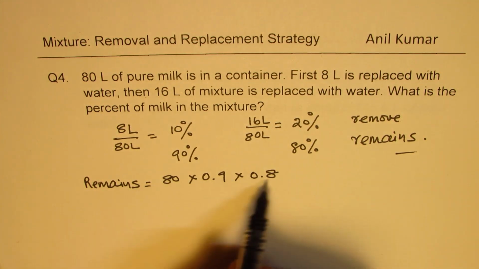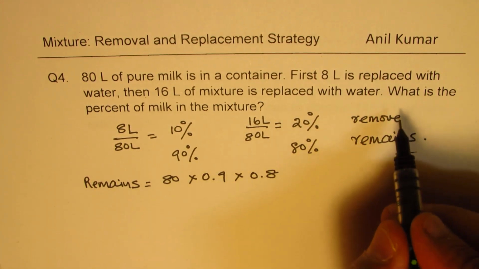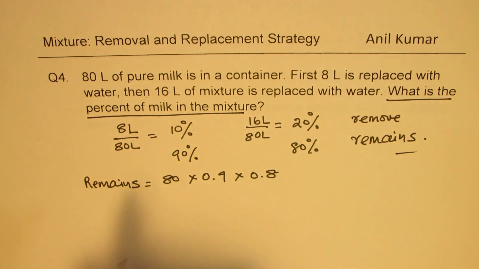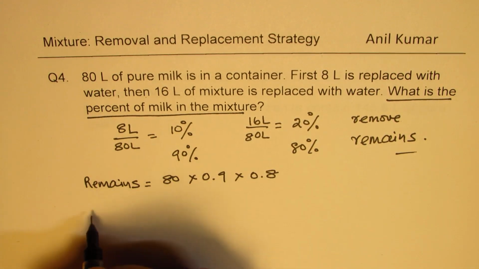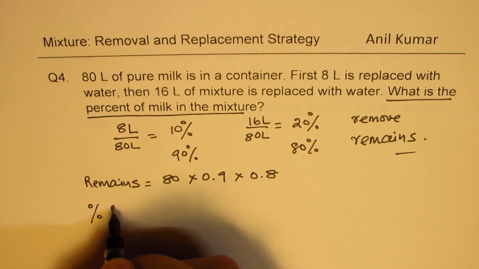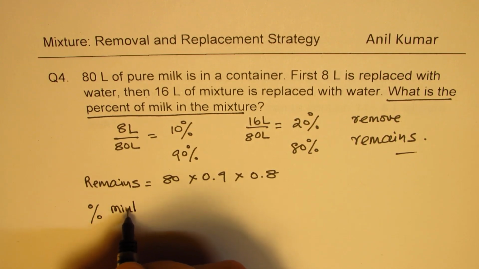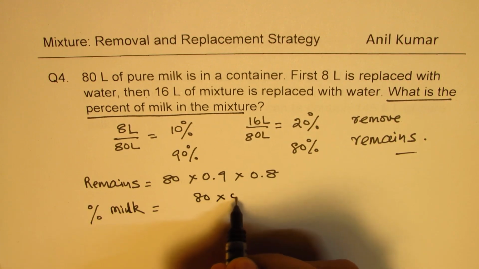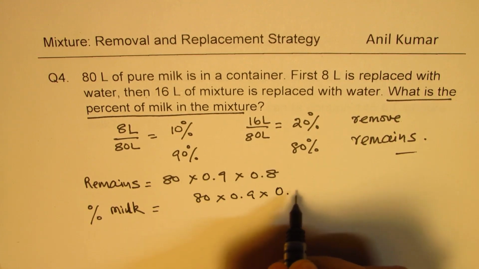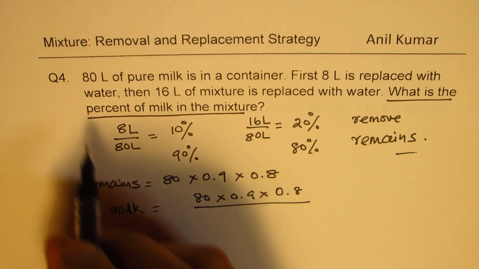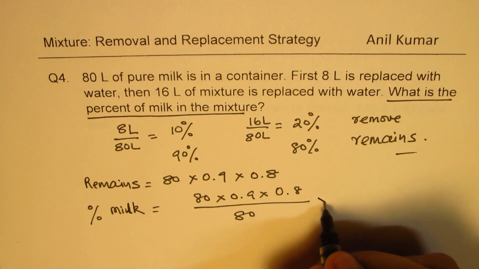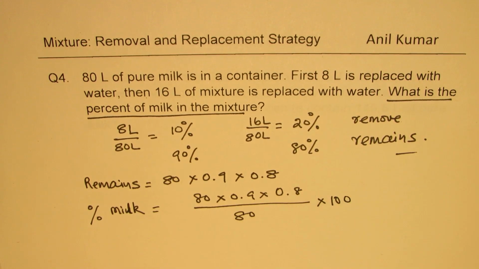So that much remains. Now the question is, what is the percent of the milk in the mixture? Well, the total is 80. Percent milk is 80 times 0.9 times 0.8 divided by the quantity of 80 liters, times 100. That is the percent.